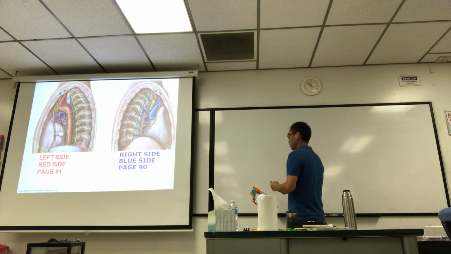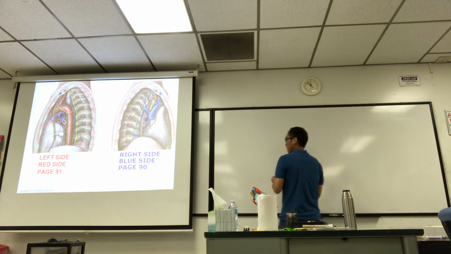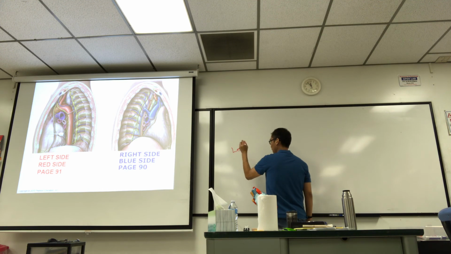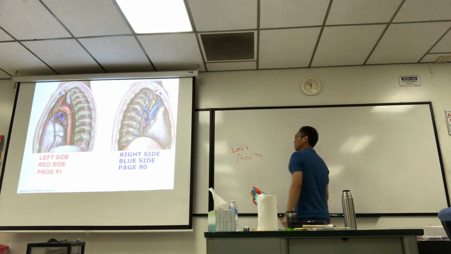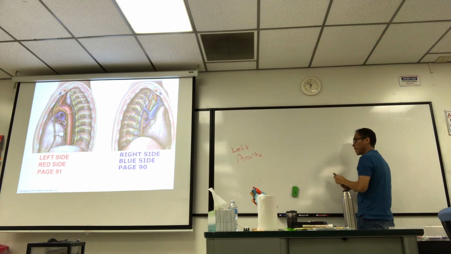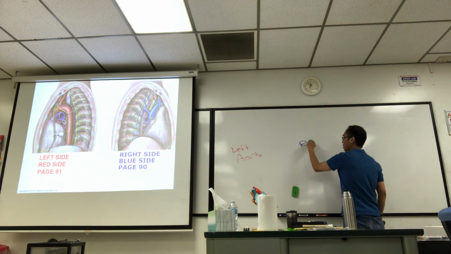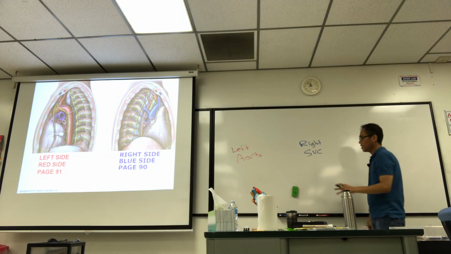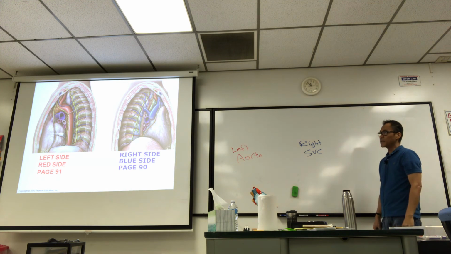So the left side's the red side, associate left with aorta. Okay, in your head, associate right with where the veins are, SVC. You can't see the inferior vena cava in the thoracic cavity.